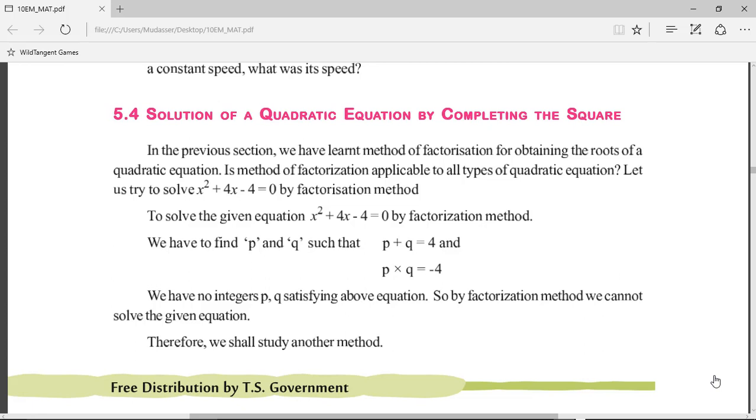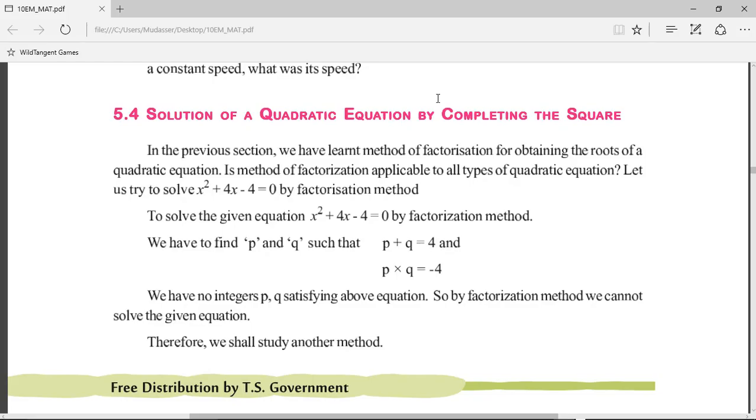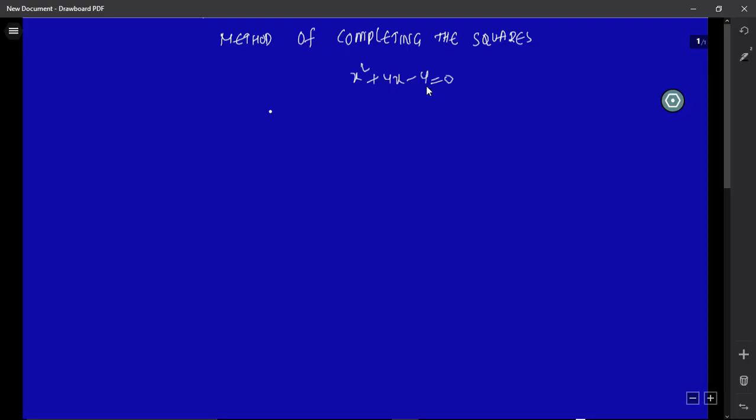For example, let's say we have this quadratic equation: x square plus 4x minus 4 is equal to 0. Let us try and see if we can factorize this quadratic equation using the factorization method.